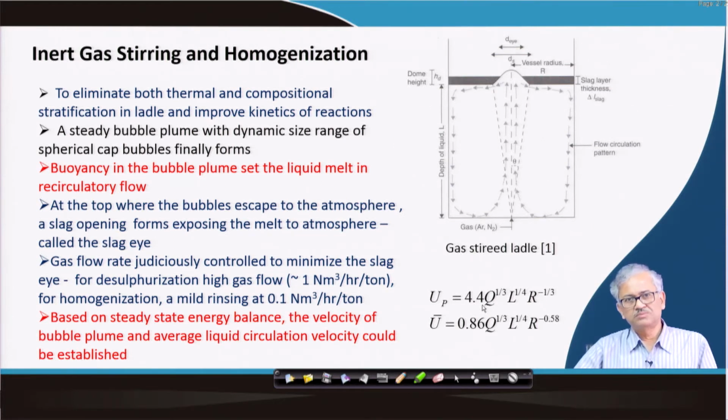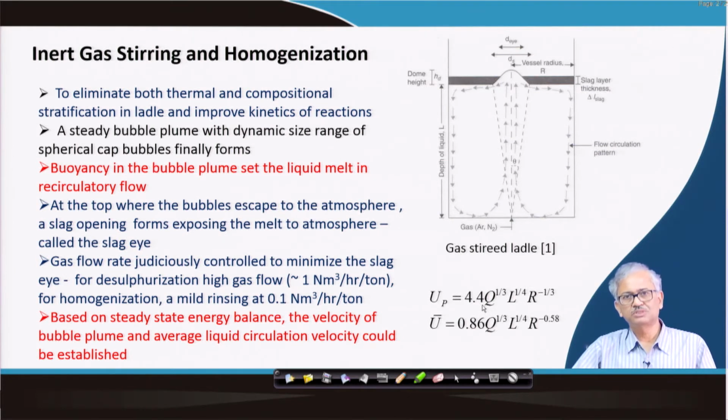Based on similarity criteria like geometric similarity, dynamic similarity, and kinematic similarity, you can choose the low temperature analog. Usually the low temperature analog for hot metal is water, and for the slag is mineral oil.